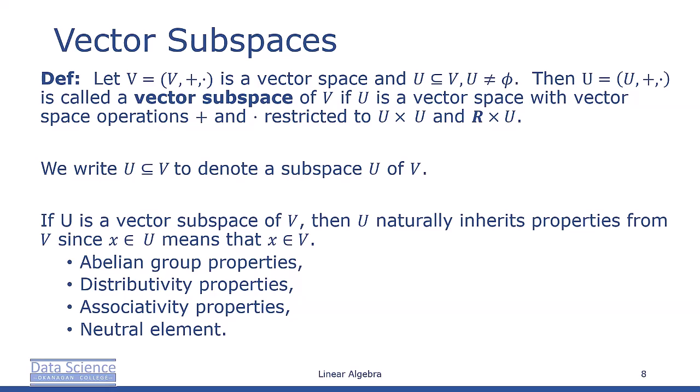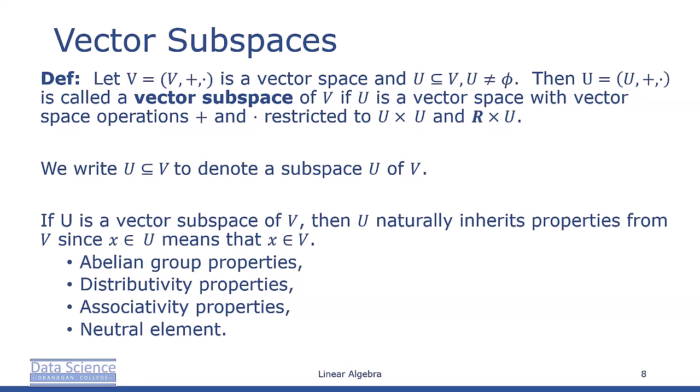Then U is called a vector subspace of V if U is itself a vector space with the same operations, but restricted to U cross U and R cross U, rather than V cross V and R cross V. We write U is a subset of V to denote U as a subspace of V. Now, if U is a vector subspace of V, then U naturally inherits properties from V, which is very convenient. And this all comes from the fact that if x is in U, that means that x also has to be in V.